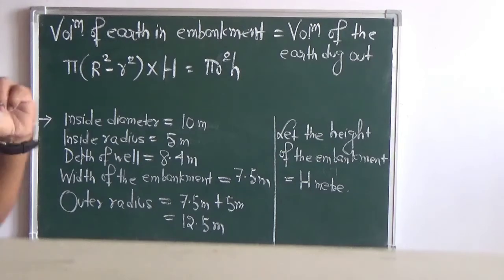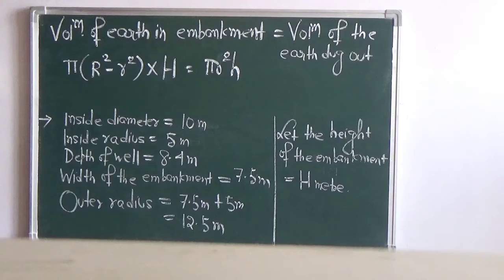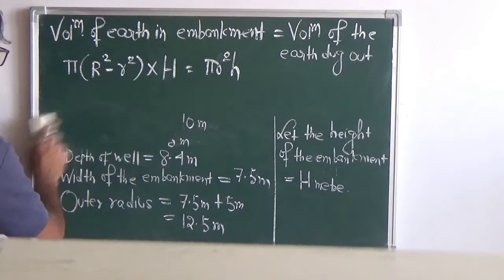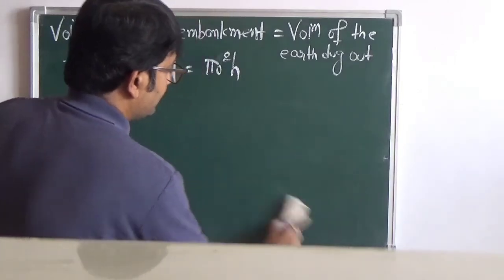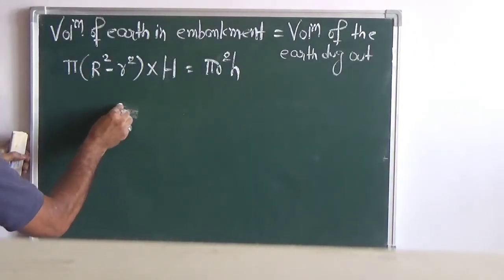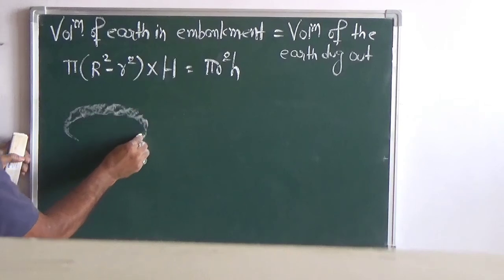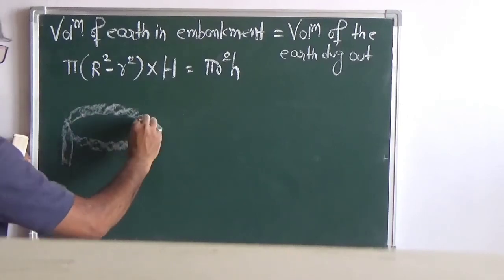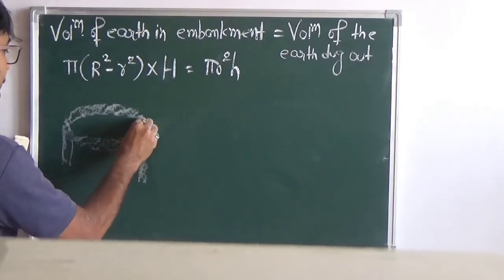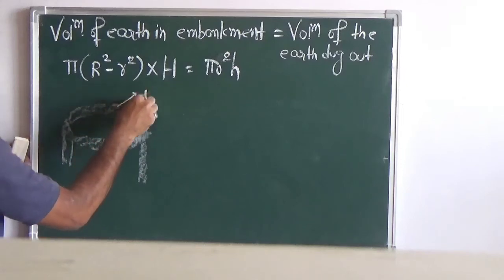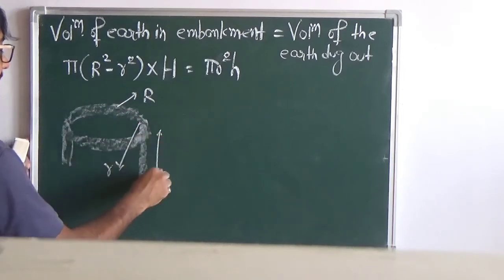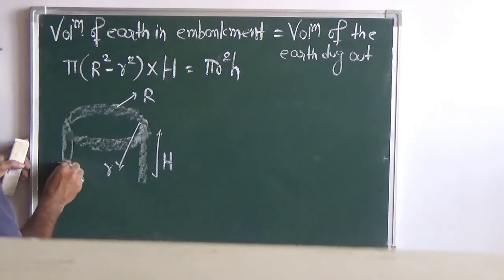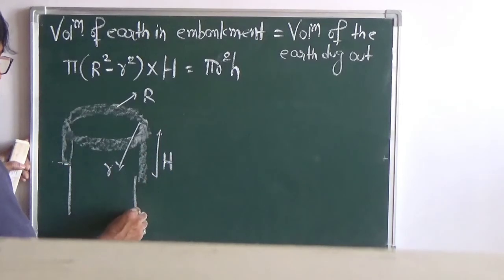Embankment is just like a hollow cylinder. Say this is the embankment. So this is its outer radius and this is its inner radius, and this is the height, and this is the well that is going on.